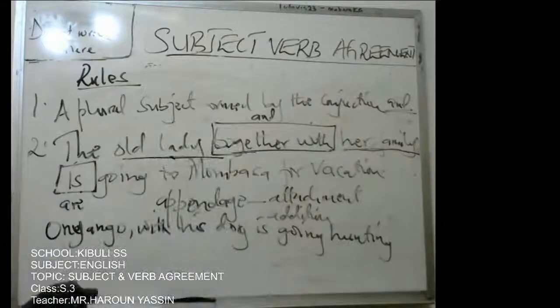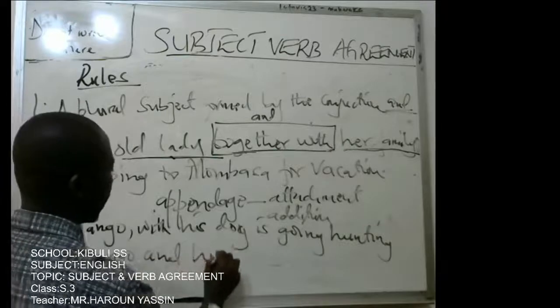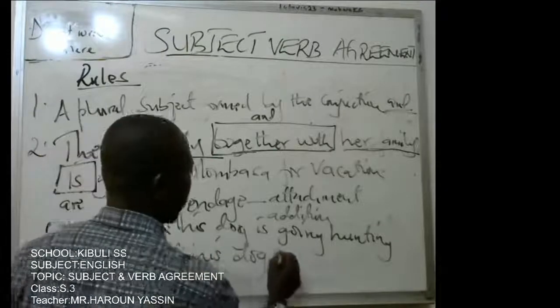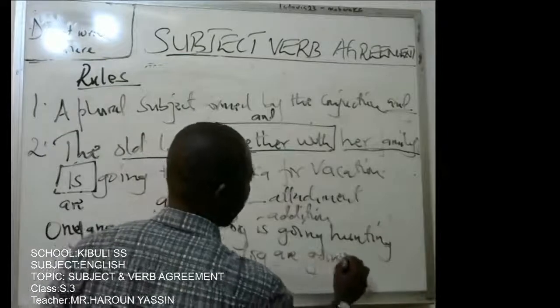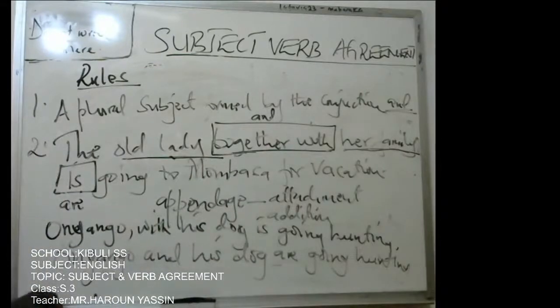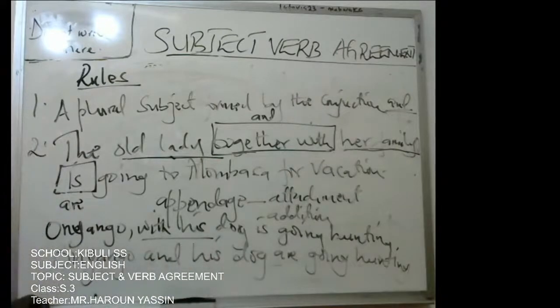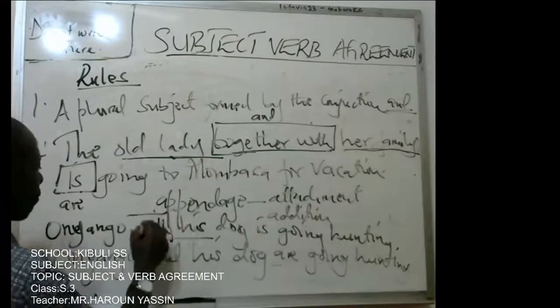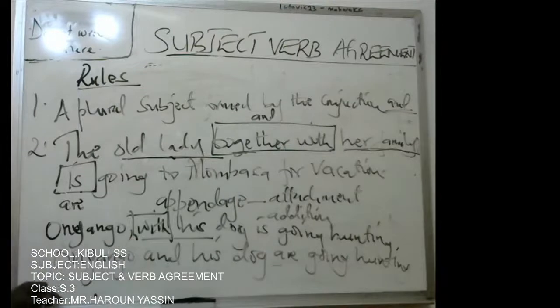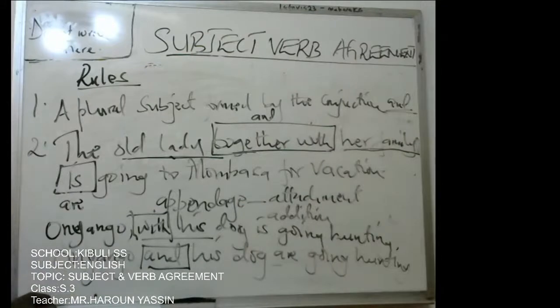I want you to compare this sentence because it's short. Onyango, to show you what I've been explaining, Onyango and his dog, okay, are going hunting. Look at the difference in those two sentences. Okay, in the first sentence, we have introduced the next phrase or clause of the sentence with the word with. Whereas in the second sentence, we have used and.